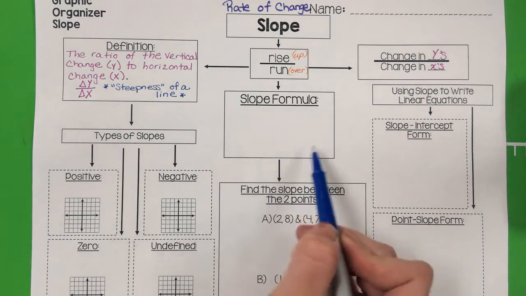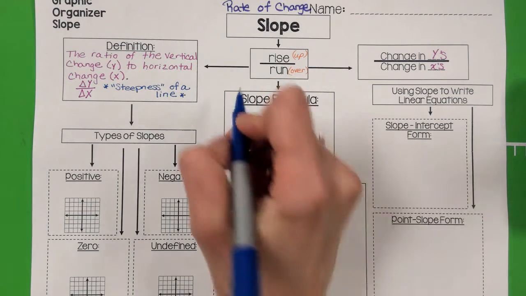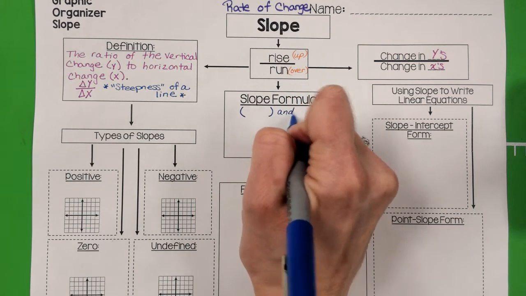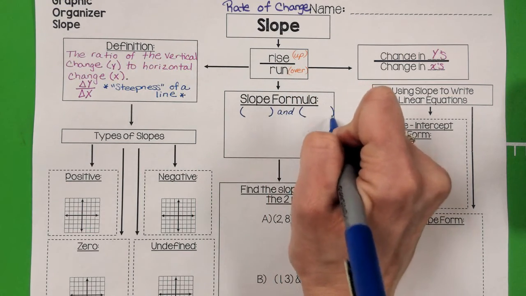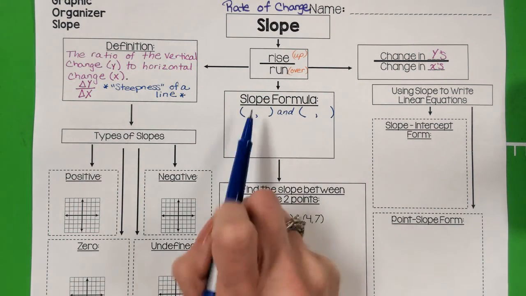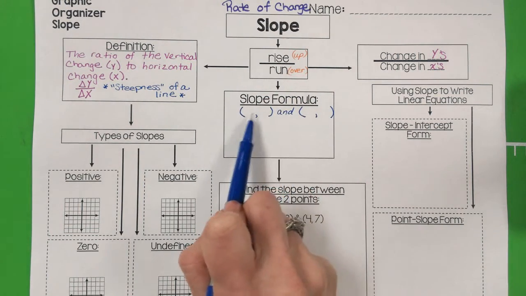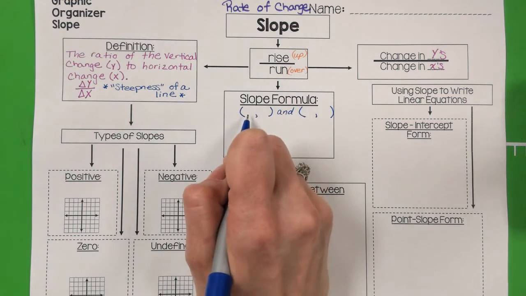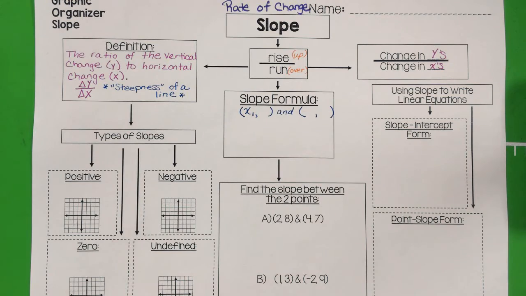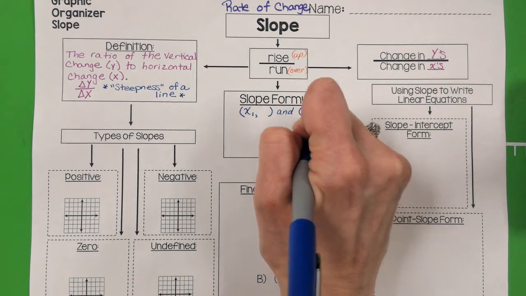So there's a formula. When you get two ordered pairs, and they want to know the slope of the line that goes through them, there are numbers in here because that's what ordered pairs are. But whatever this first number is, it's the first x that you get. This is the second x.